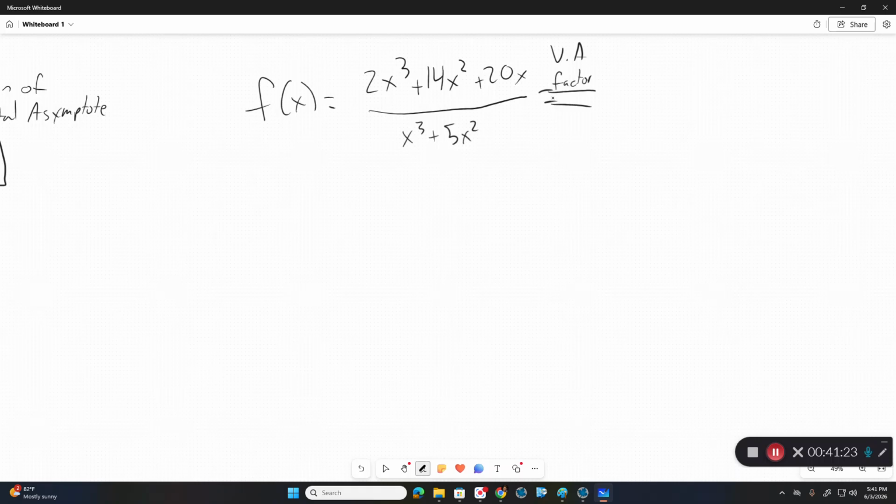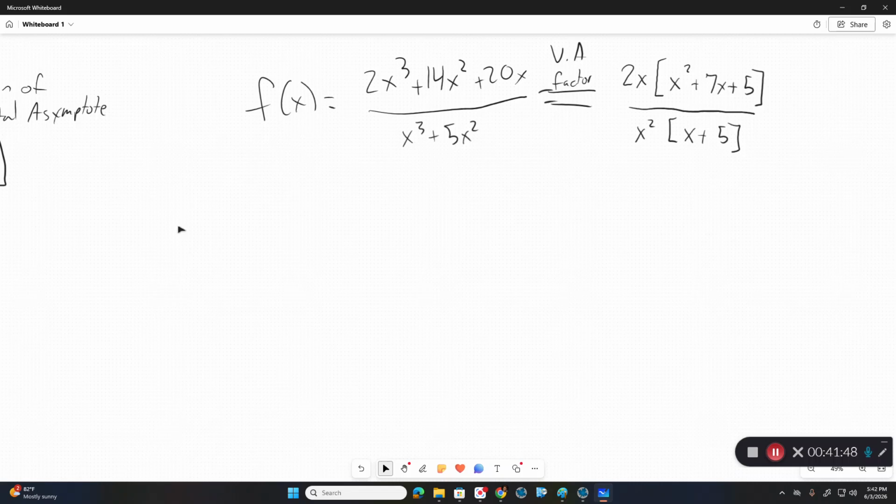Now the top can be factored a lot, but mainly what we're going to do is pull out a 2x, leaving us with x squared plus 7x plus 5. And on the bottom, we're going to pull out an x squared over x plus 5.